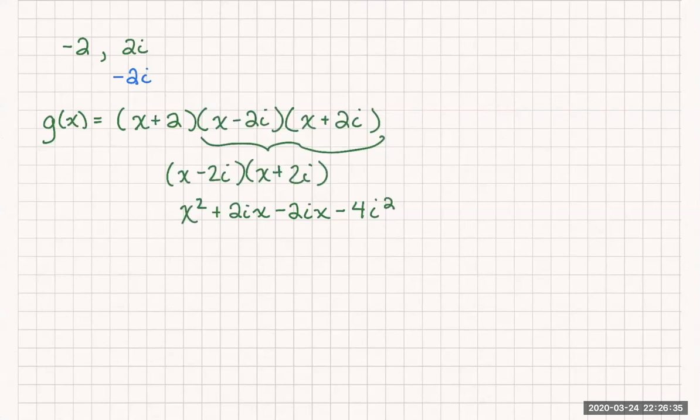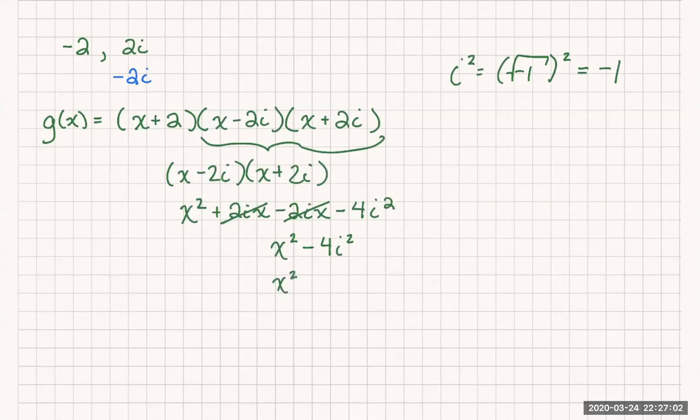So remember, what is i? i is the square root of negative 1. So negative 2i times 2i is negative 4 times i squared. So 2ix minus 2ix cancels. It gives me x squared minus 4i squared. But remember, i squared is just the square root of negative 1 squared, which is negative 1.